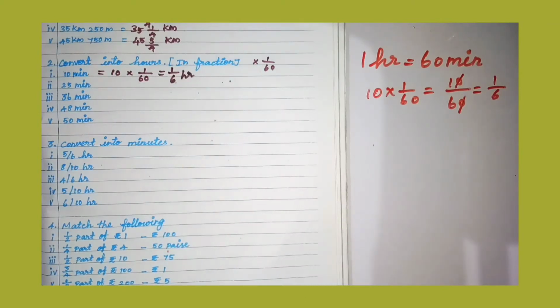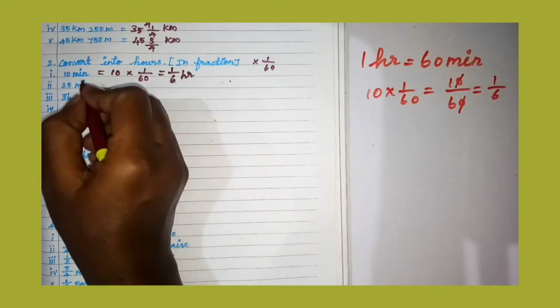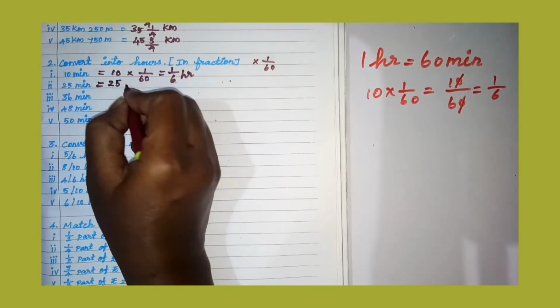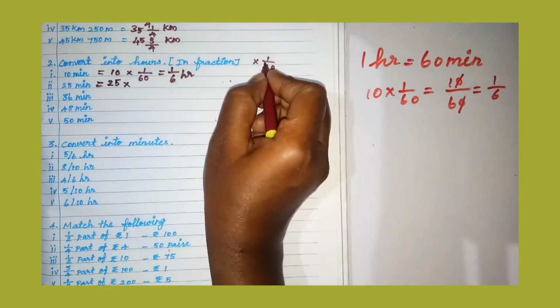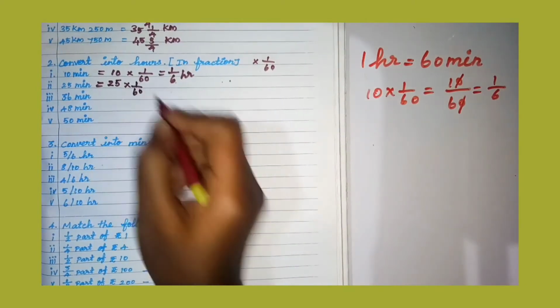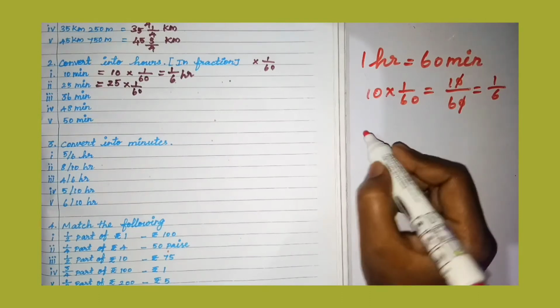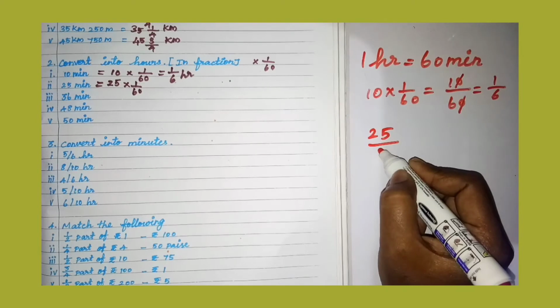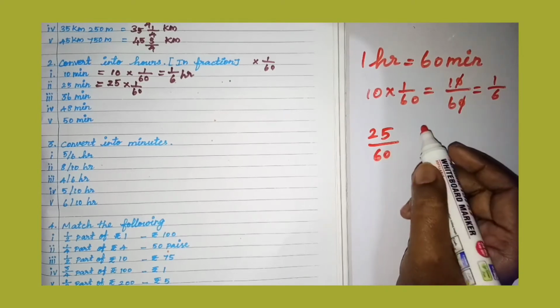Next one, 25 minutes. So 25 minutes, how do we write the value into the formula? 1 by 60. Multiply 1 by 60. So we write 25 into 1, 25 divided by 60.